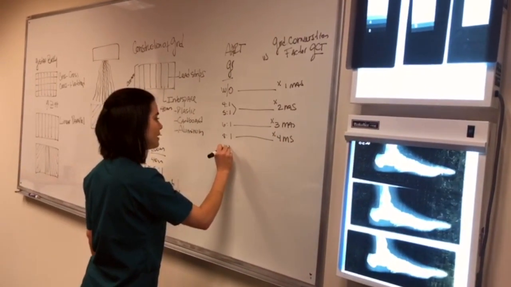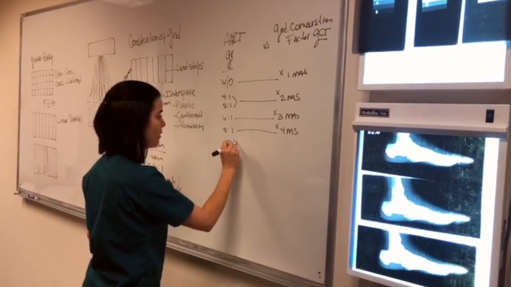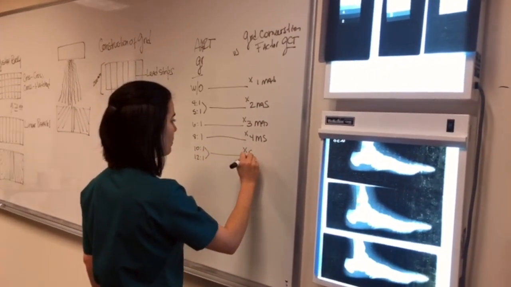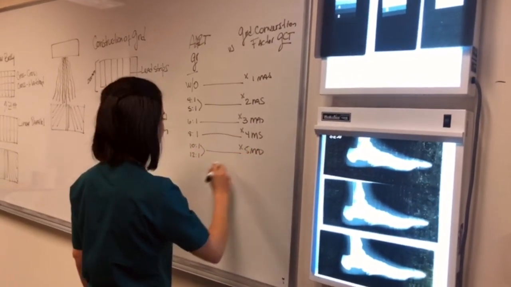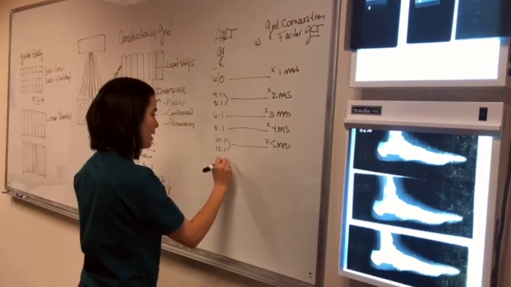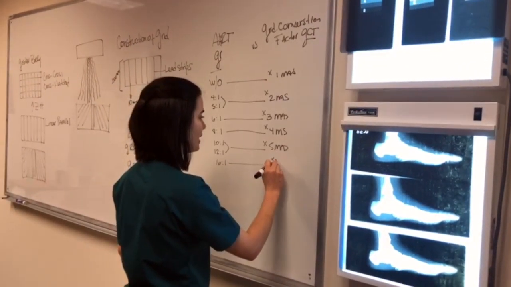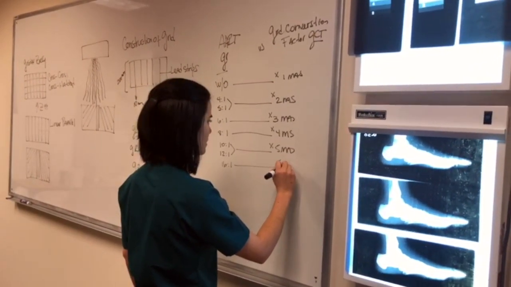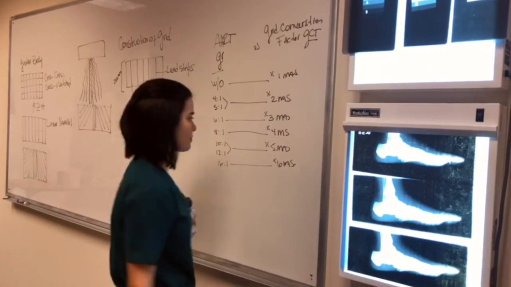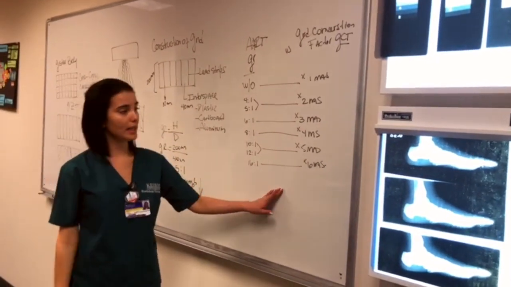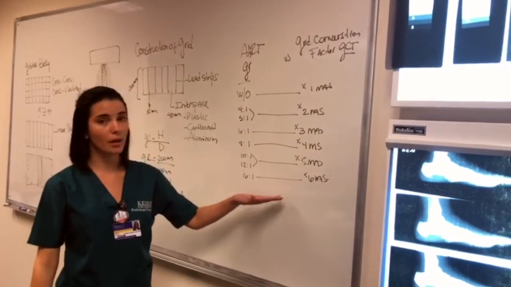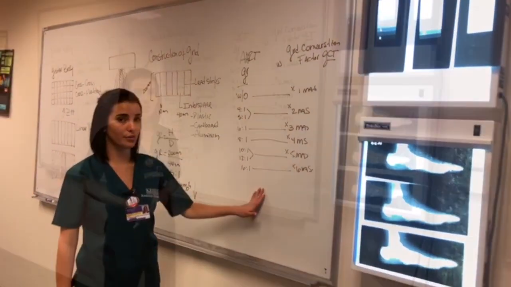With 10 to 1 or 12 to 1, we multiply by 5 mAs. And with 16 to 1, we multiply by 6 mAs. That's how we calculate how much mAs we need to compensate for the loss of X-ray photons.